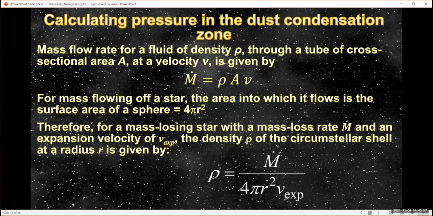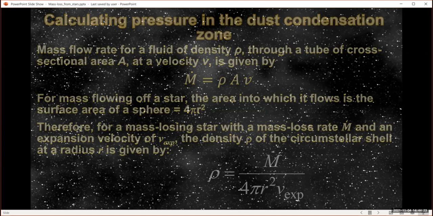It's flowing through the surface area 4 pi r squared. And so now we're just rearranging this mass flow rate equation to be rho equals m dot over A v, and we're putting in the area of the sphere into which the gas that's flowing off the star is flowing. So we have this now that gives us measurable quantities for the star, the mass loss rate and the expansion velocity, to give us the density at distances from the star.